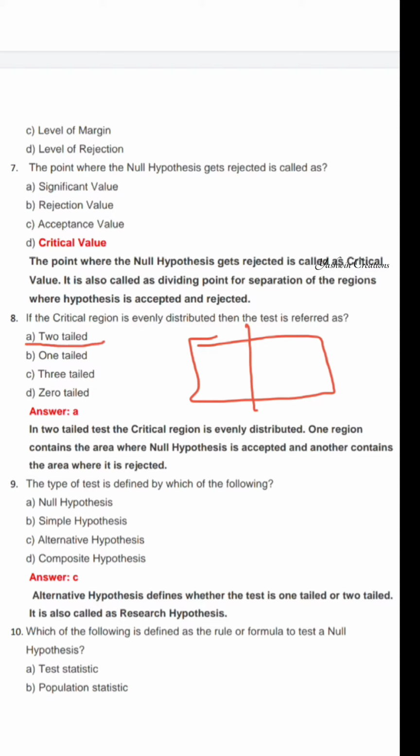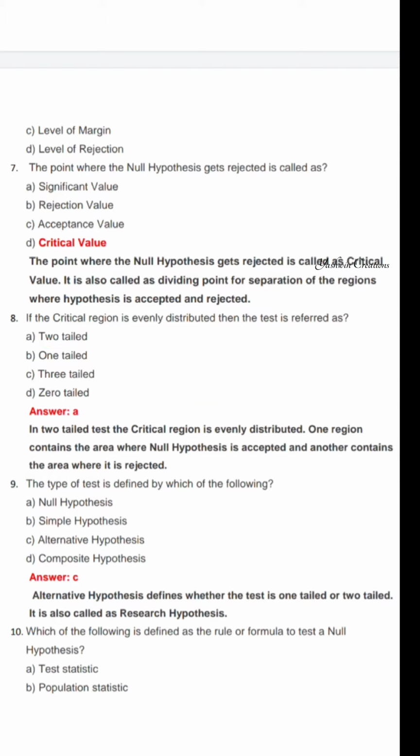In two-tailed test, critical region is evenly distributed. One region contains the area where null hypothesis is accepted and another contains the area where it is rejected.